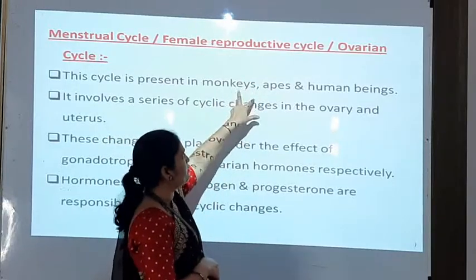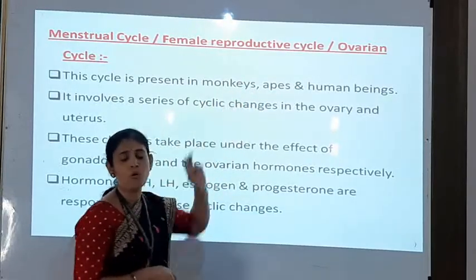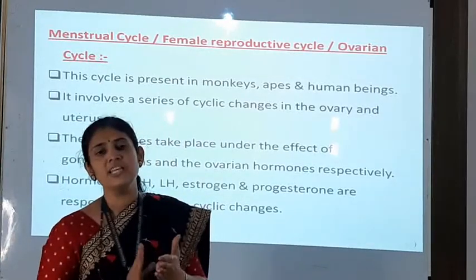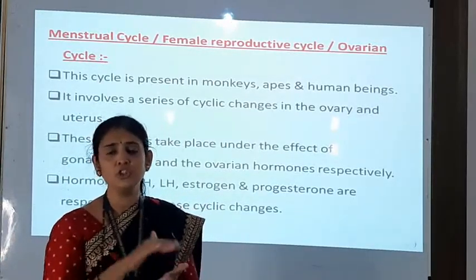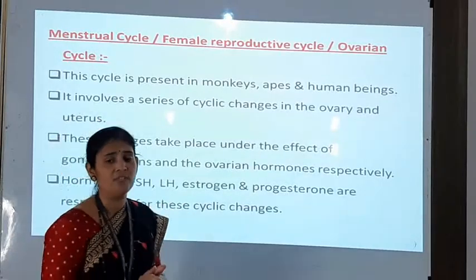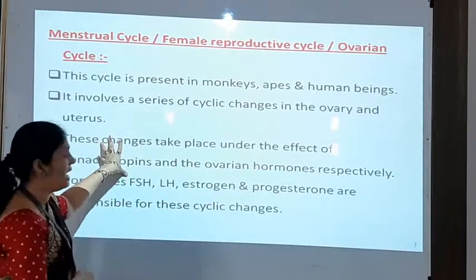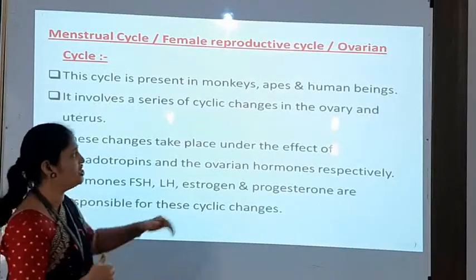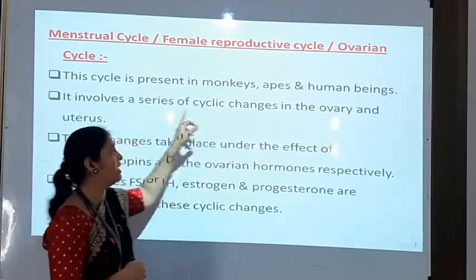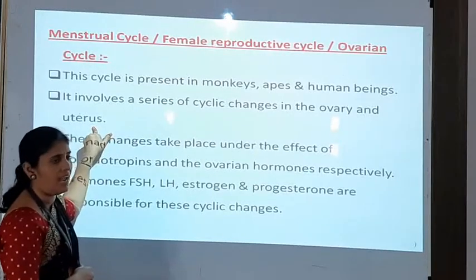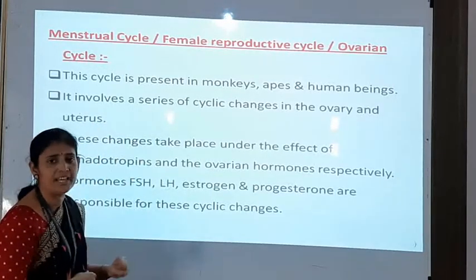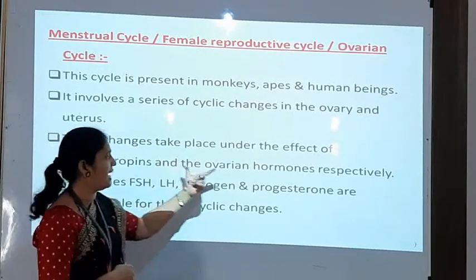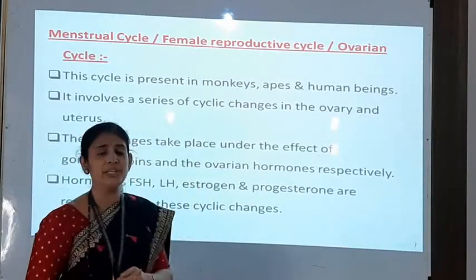So apes and monkeys are very closely related to human beings. So these monkeys, apes and human beings show the presence of the menstrual cycle, and in this menstrual cycle there are cyclic changes taking place in the ovary and the uterus, and these changes are taking place under the influence of gonadotropins and ovarian hormones respectively.